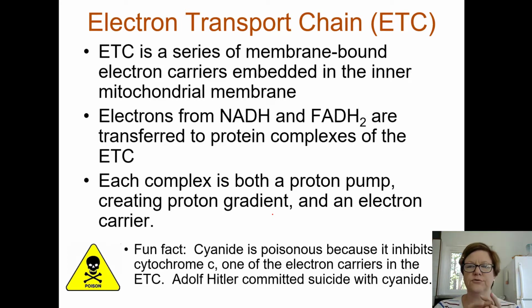So I would recommend you go through that activity, fill out that little worksheet first, and then I'll give you the lecture on this part of cell respiration, the electron transport chain, chemiosmosis, and oxidative phosphorylation. So I'm going to stop here and let you do that activity before you continue with the next part of the lecture.